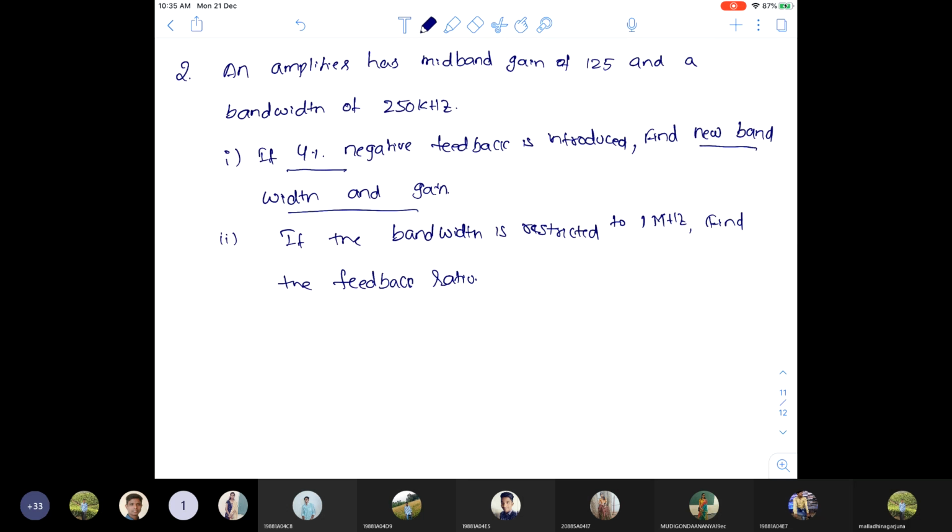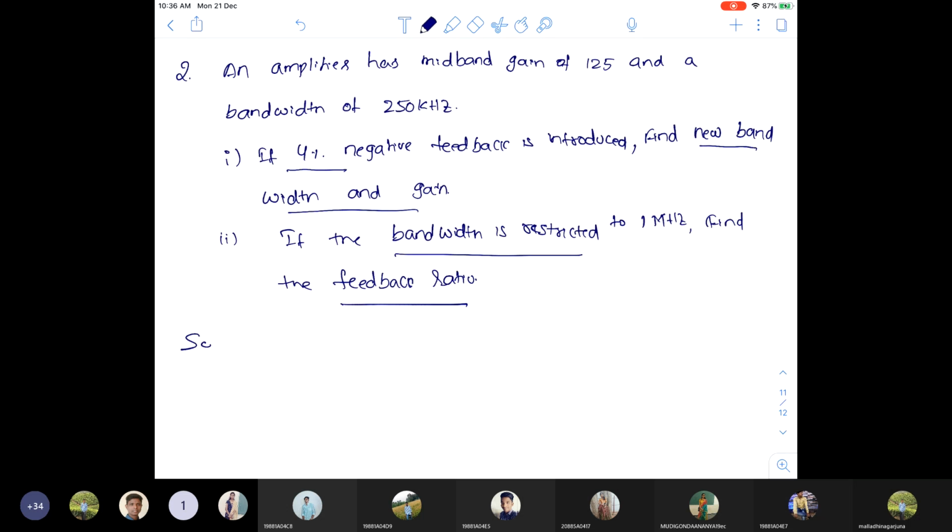In the second bit, the bandwidth is given, and we have to calculate the feedback ratio. For both bits the formula is the same.